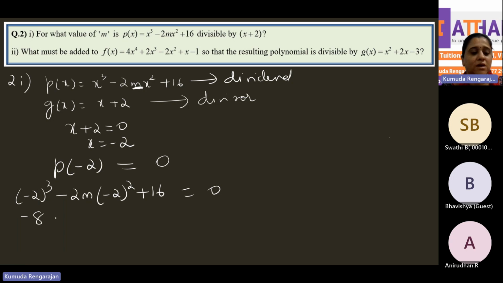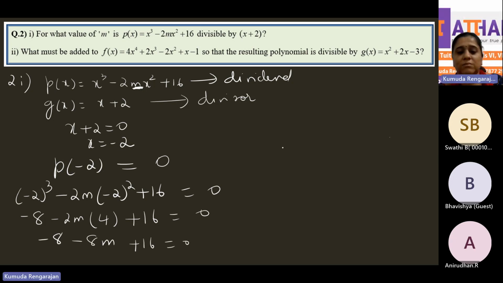So minus 8 minus 2m into minus 2 into minus 2 is plus 4, plus 16 is equal to 0. So minus 8m plus 16 is equal to 0. Minus 8m is equal to, 16 minus 8 is 8. When it goes to the other side, it will become minus 8.